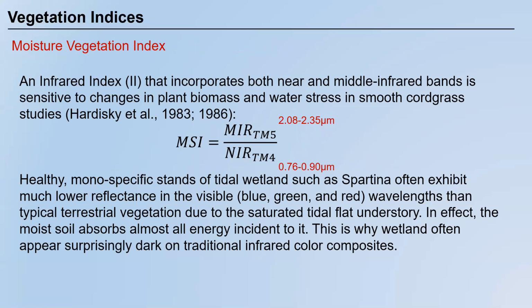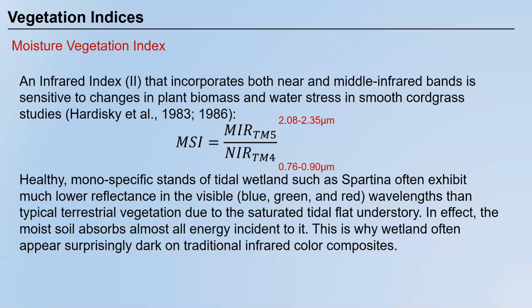And the MSI is actually a type of infrared index, because the numerator and denominator of MSI are both about reflectance within the infrared. The difference is that the denominator is near infrared reflectance and the numerator is mid infrared reflectance.